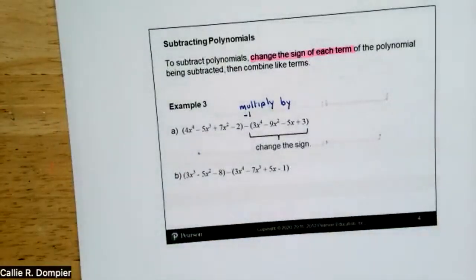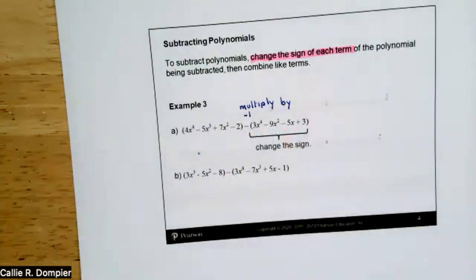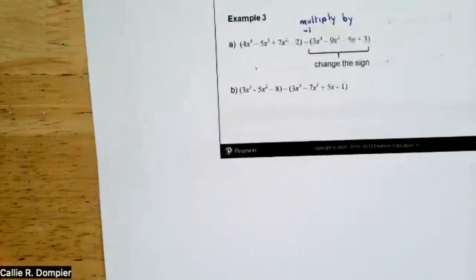Okay, so I'm either multiplying by negative 1 or I'm just taking that positive 3, changing it to a negative 3. Negative 9 becomes positive, negative 5 becomes positive, and 3 becomes negative. Good.